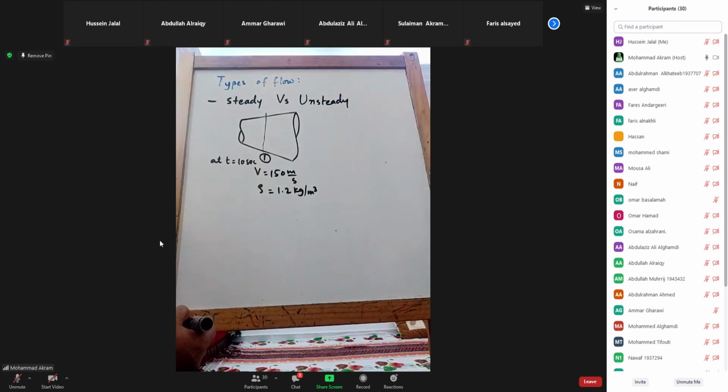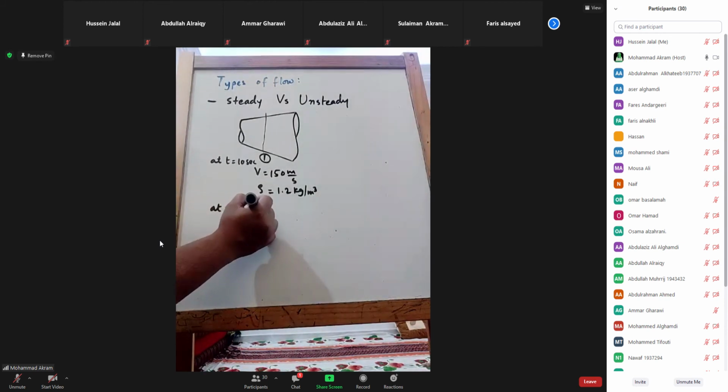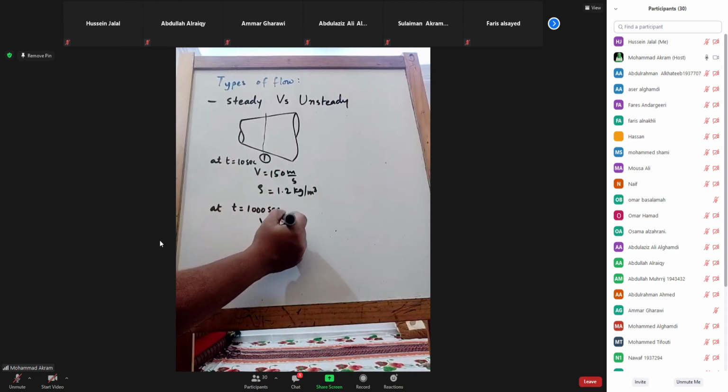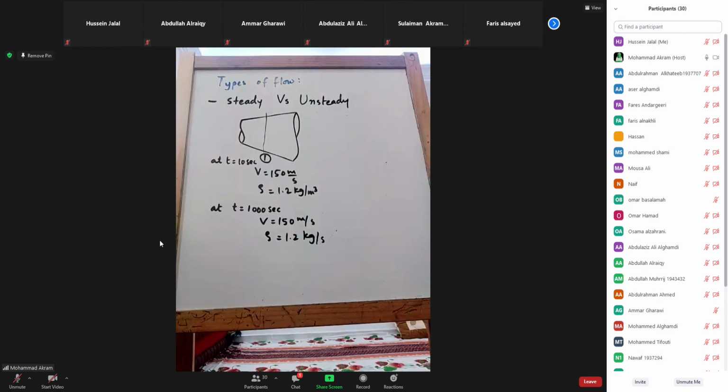And at t equals 1000 seconds, the velocity at this location is 150 meter per second and density is 1.2 kg per meter cube. So what is happening here?